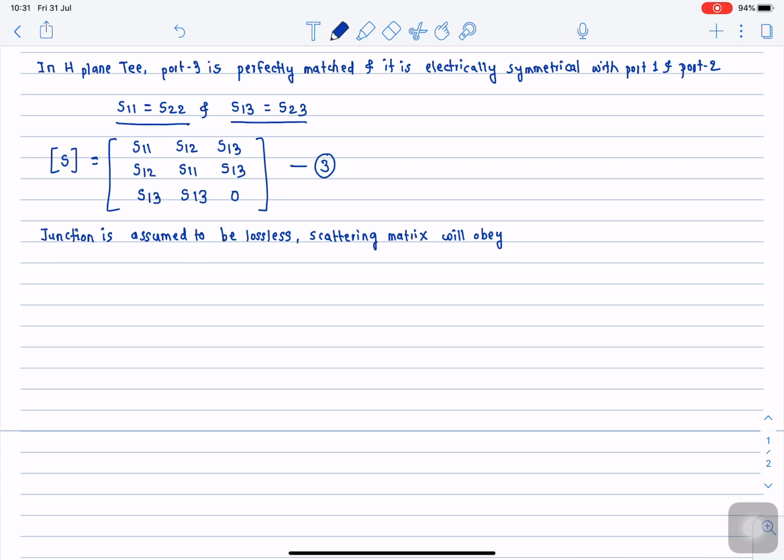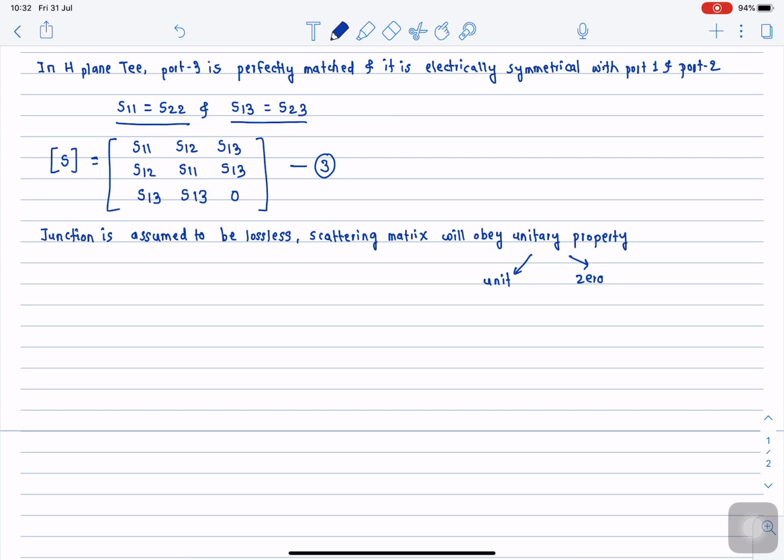So you recall from the properties of the scattering matrix, what is the unitary property? The unitary property of a scattering matrix is given with two different types. One is the unit property itself, and the second property is the zero property. So you recall the unitary property of the scattering matrix. We apply the unit property to the third column. So where is the third column?